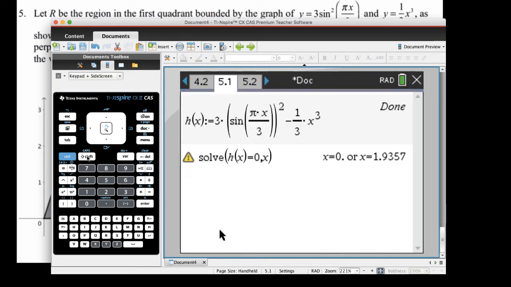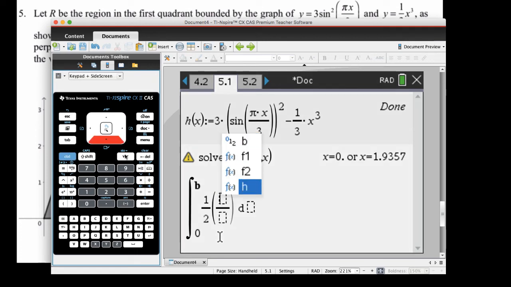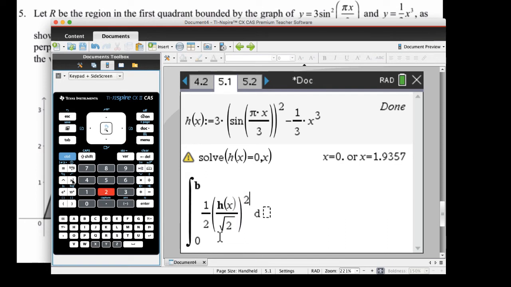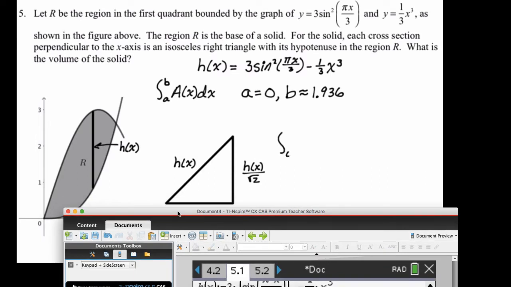I want to do shift plus to get the integral, 0 to b, because I stored it as b, so I might as well use it. 1/2 quantity, I stored this as h of x, over square root of 2, dx, press enter, 0.949. I guess calculator problems do just take longer. So let's write that down. So the integral from 0 to 1.936 of a of x.